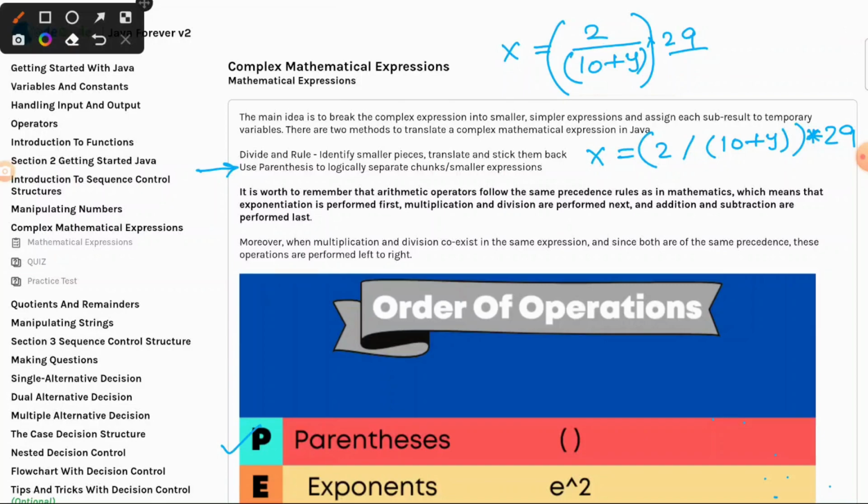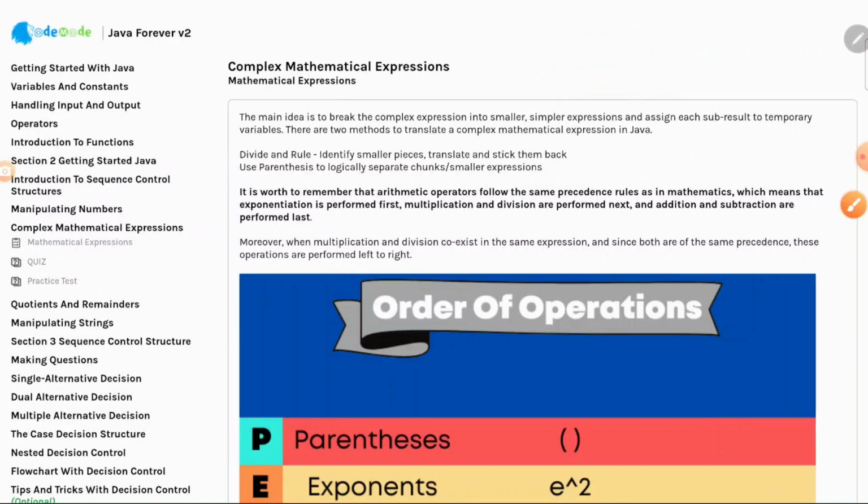So that's one model. Now we can take the second model, but I would like to take a complex equation for that and show you the second model, because that way it's much easier to show you. So let's say I take an equation like this.